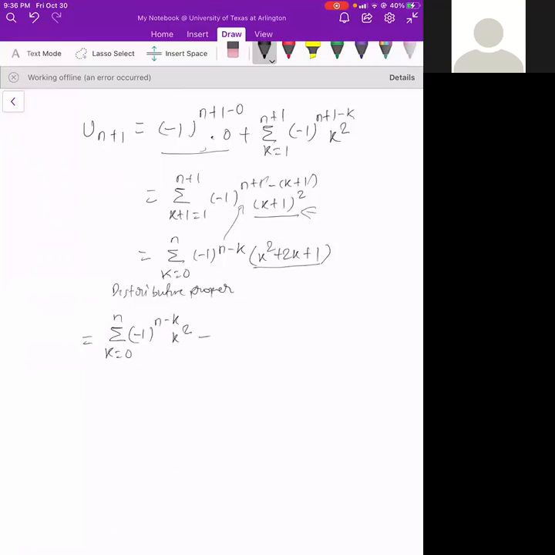All right, that looks familiar, right? Plus 2 times the summation of k equals 0 to n minus 1 of (n minus k) times k, plus the summation from k equals 0 to n minus 1 of (n minus k) by itself.